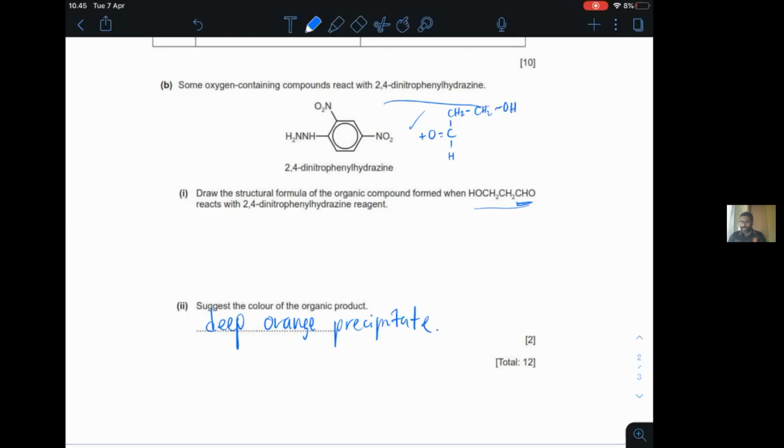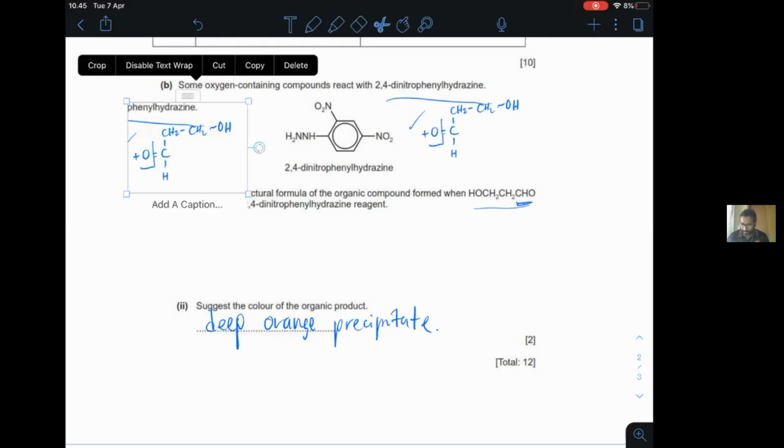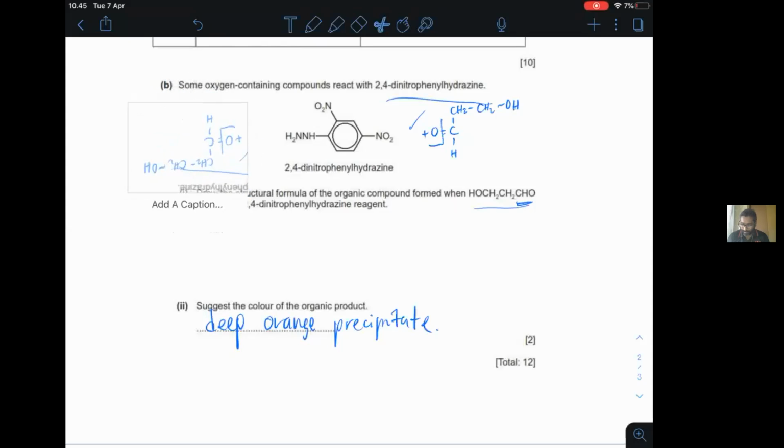What's going to happen over here is the O from here will join with, I think it's better to show it this way. Even though it looks funny, it's okay. The H2 will join with the O over here. So you are going to have a structure like this.